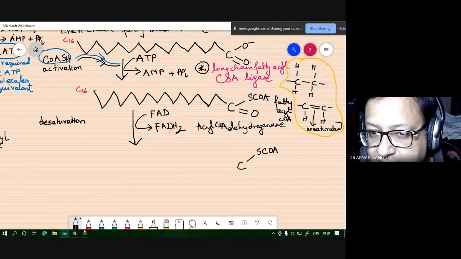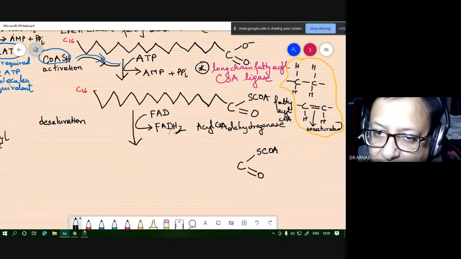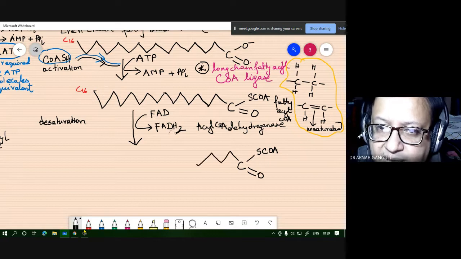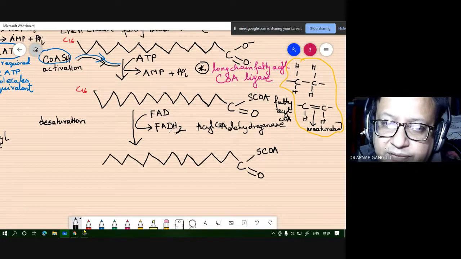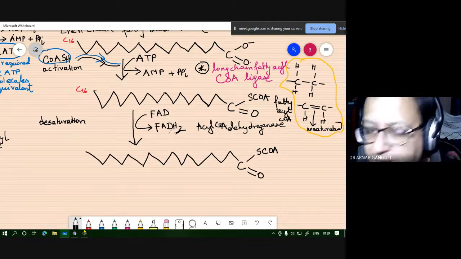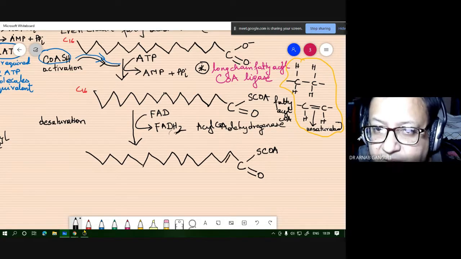It's like this. Don't forget, just keep on drawing 1, 2, 3, 4, 5, 6, 7, 8, 9, 10, 11, 12, 13, 14, 15, 16. It's drawn, but the unsaturation, a double bond, is introduced.